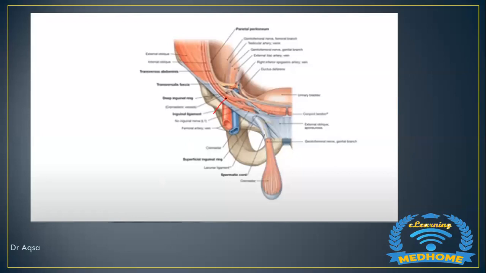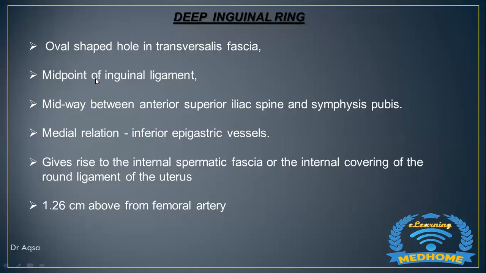So this is the deep inguinal ring, and this one is the superficial inguinal ring. In between, the space is known as the inguinal canal, and it measures 4 centimeters in length. Or we can also say it is midway between the anterior superior iliac spine and pubic symphysis.